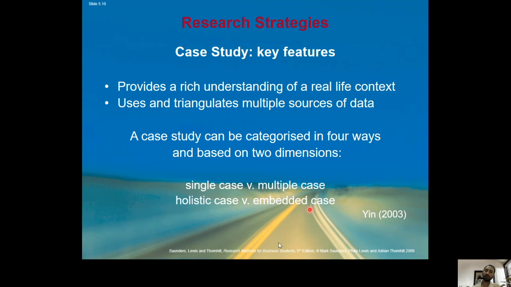We may collect some qualitative data. We may conduct interviews within the organization. We may also get some documents, some records, like sales records, right? And we may also collect some information through survey. So we can use multiple techniques of data collection in the case study method, right?